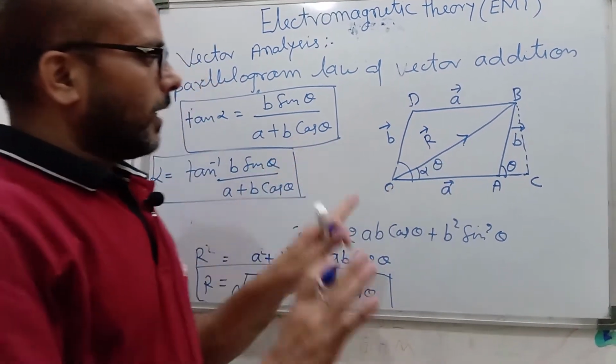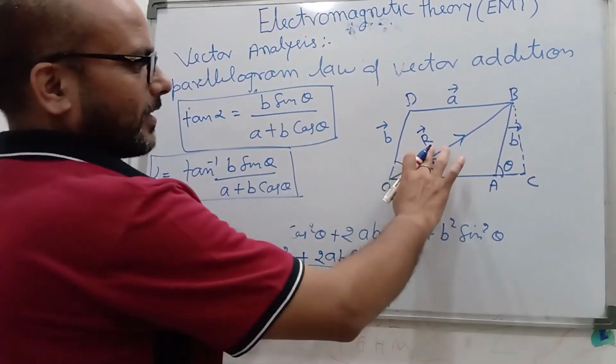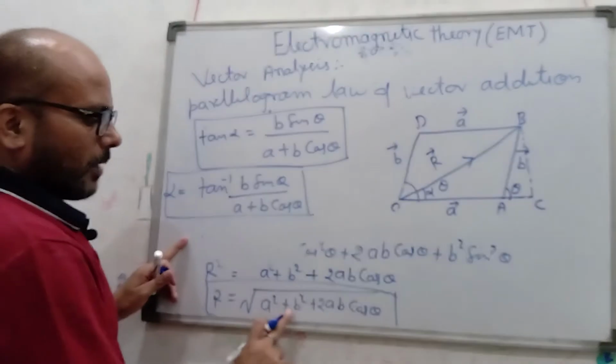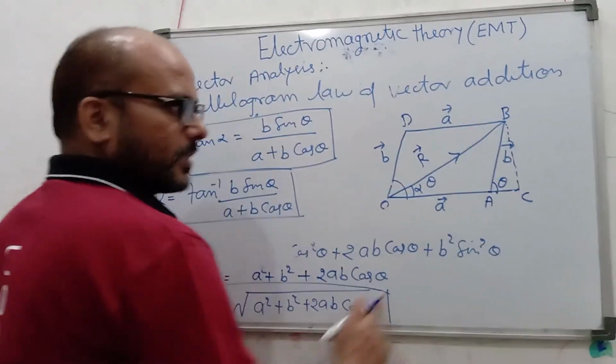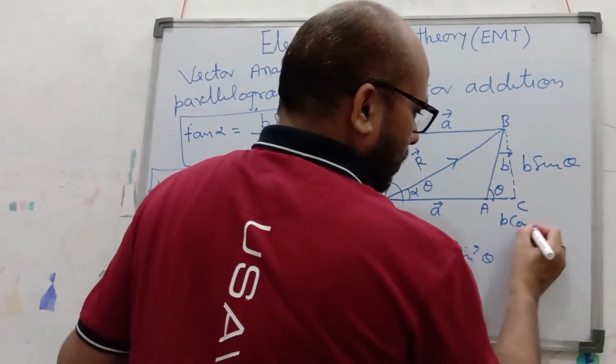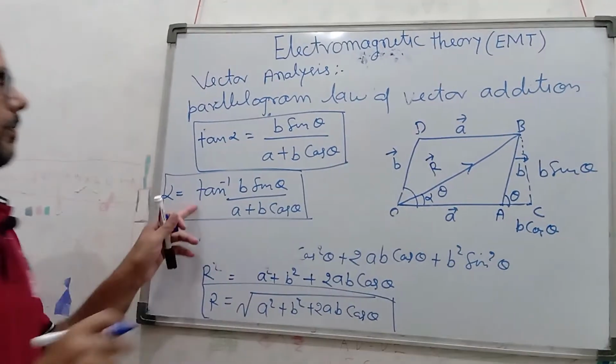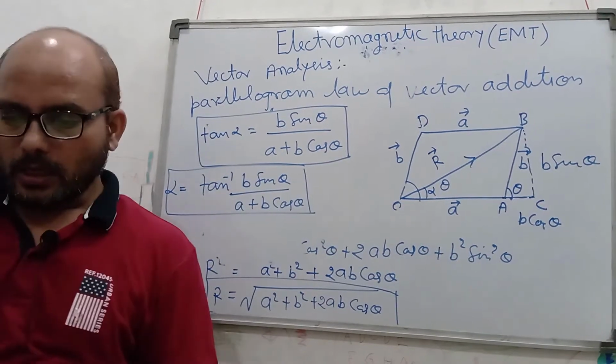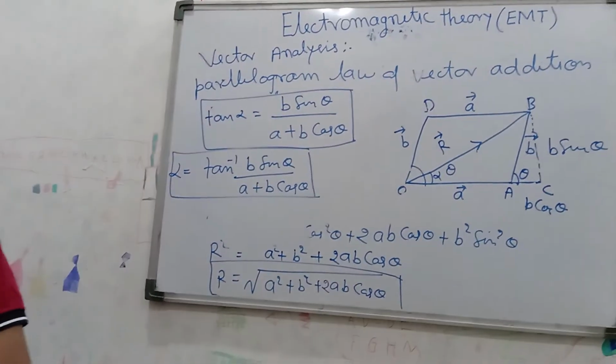Similar proof: the resultant vector R equal to under root A square plus B square plus 2AB cos theta. Same here, B sin theta component and B cos theta component, and direction tan alpha equal to B sin theta upon A plus B cos theta.